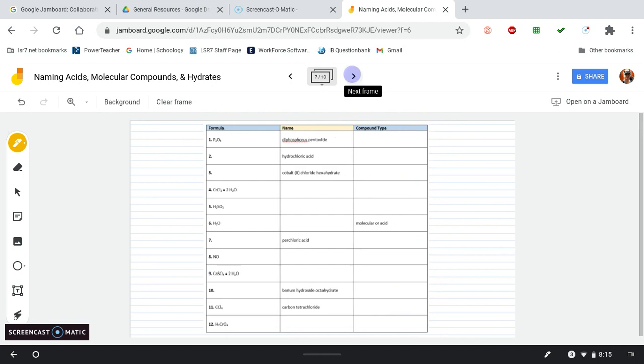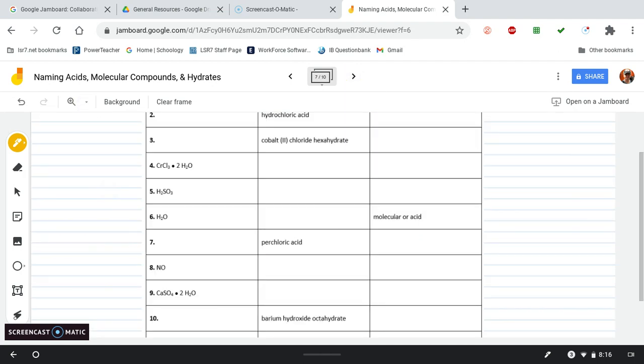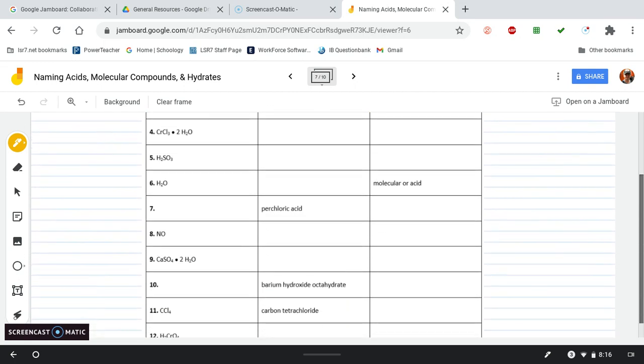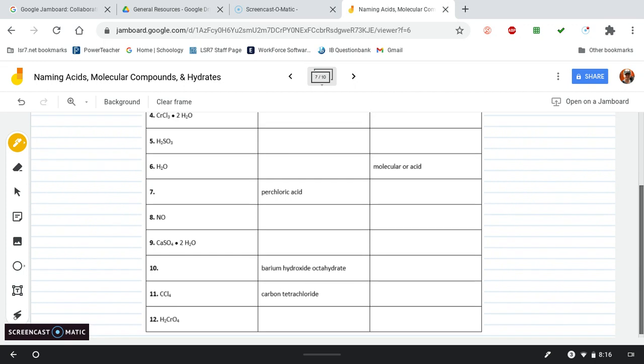All right, you guys have these practice problems right here. I want you guys to try these. First thing I would do is identify the compound type. So you have the ones we've talked about: acid, molecular, hydrate. I don't think there are any ionic on here. These are all going to be the new ones. So it's going to be one of those.